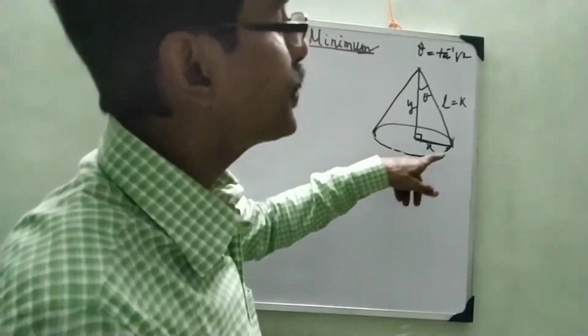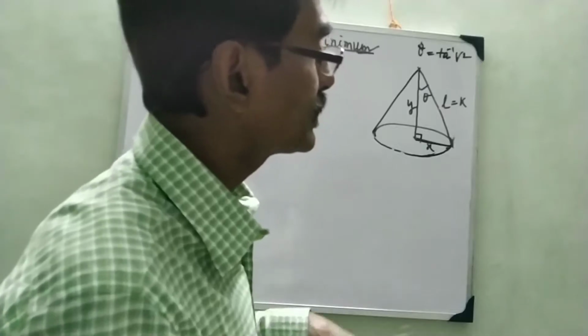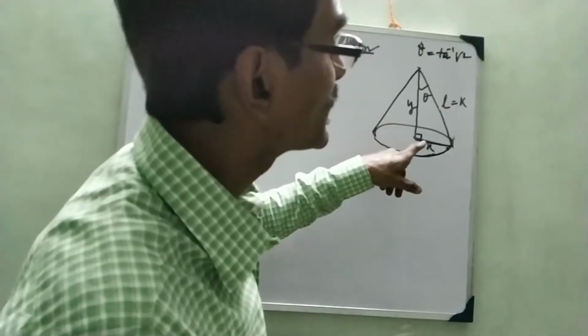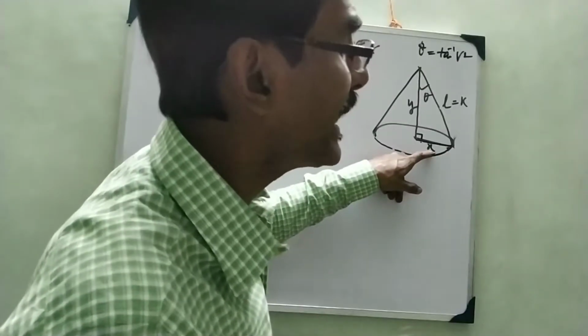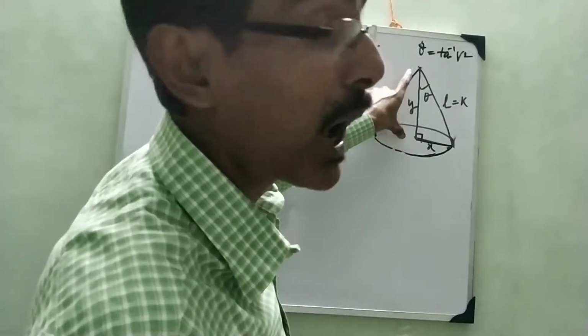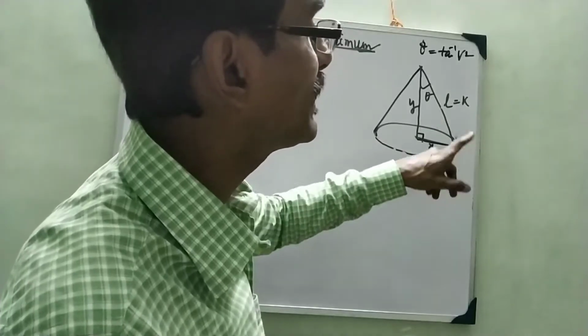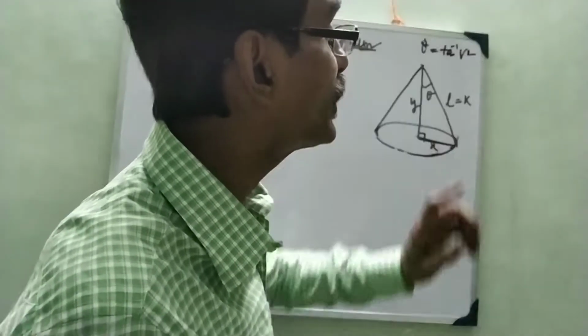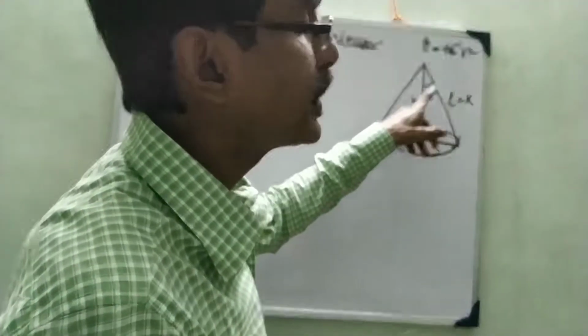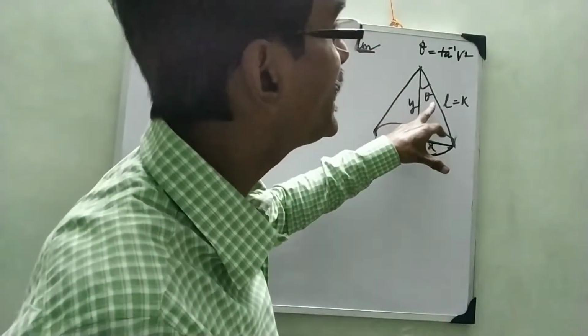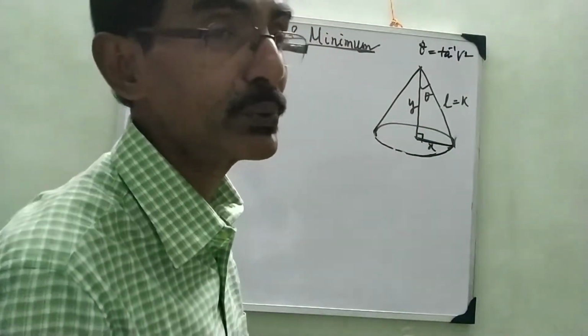For a right circular cone, the two main variables: the radius of the base I have taken x, the vertical height I have taken y, and in the question paper the slant height L is given equal to k. We have to prove the volume is maximum when theta is tan inverse root 2.